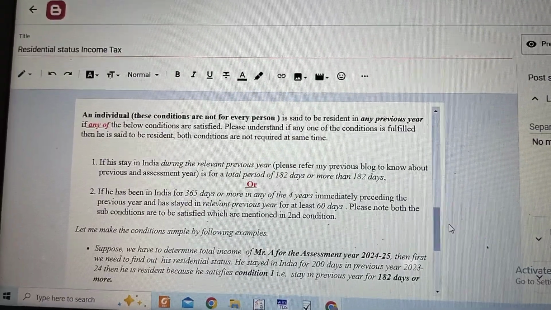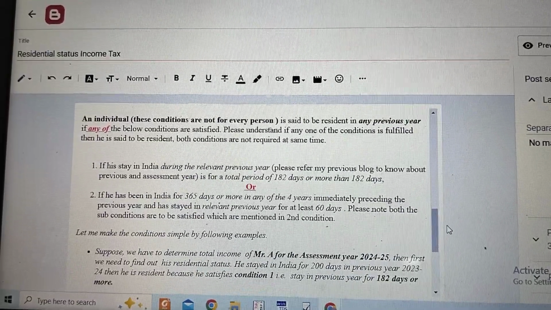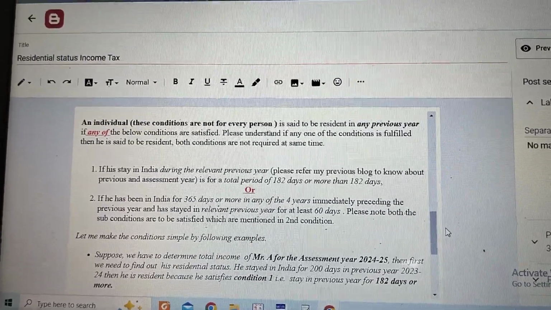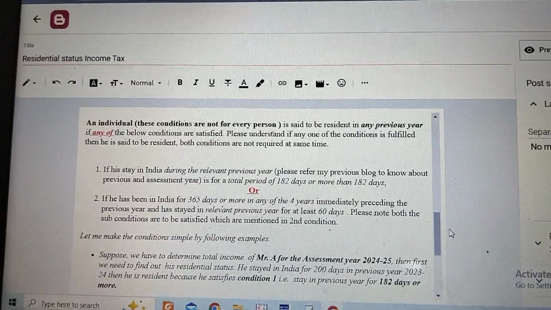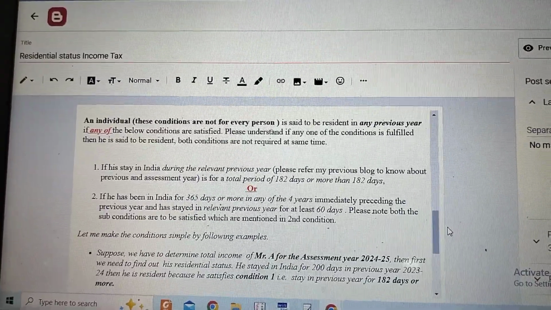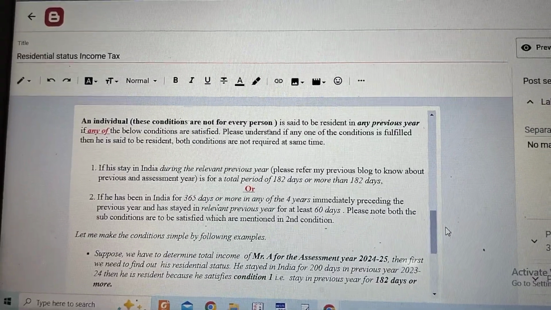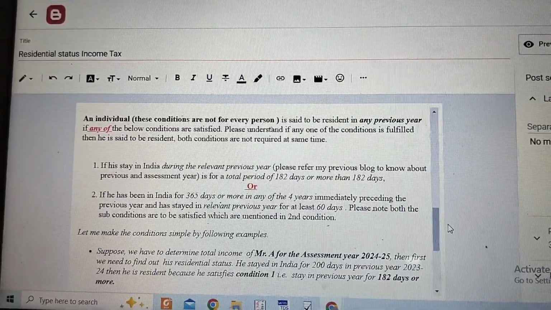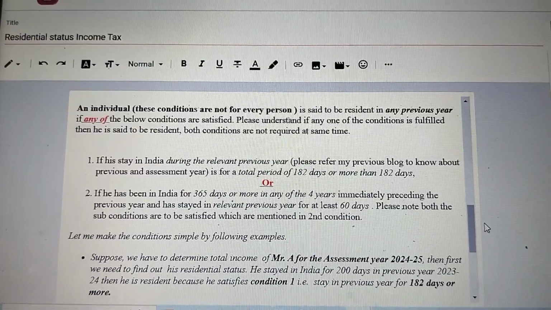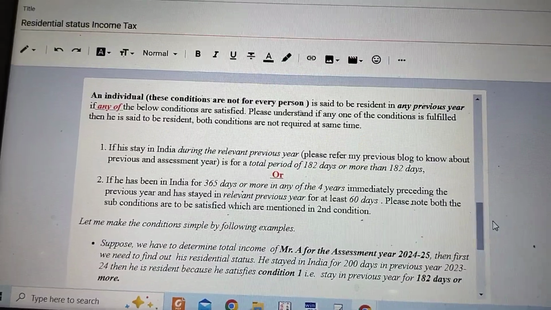For example, if I have never gone out of India and I have to pay my tax, I don't need to worry, because for all the 365 days of the year I was in India only, so I don't need to find out the residential status.